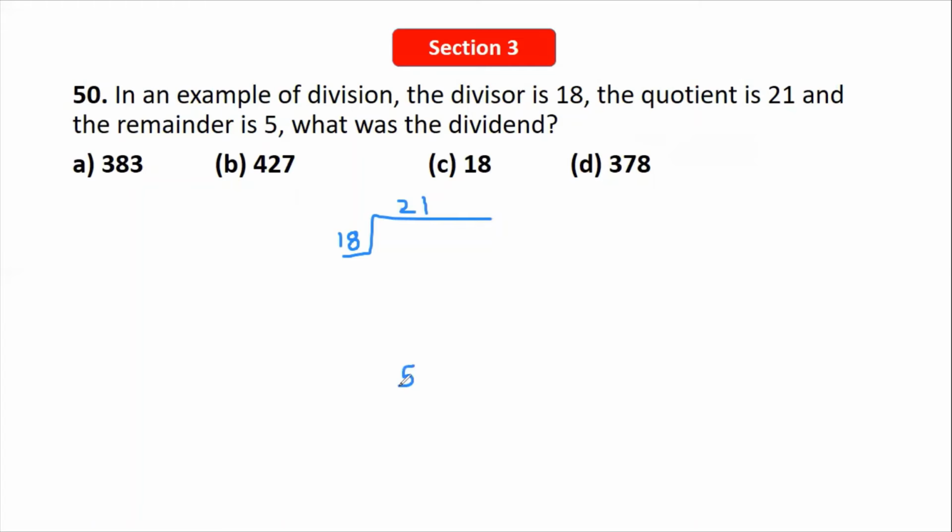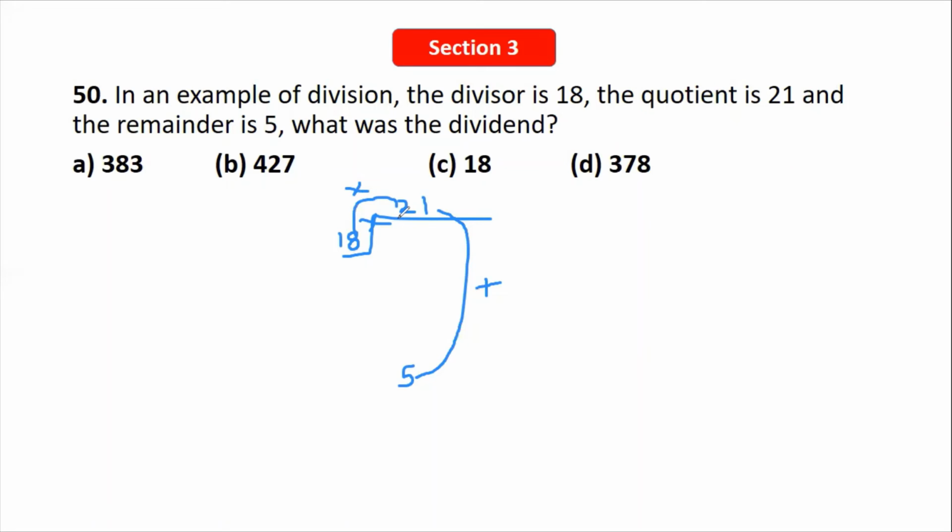So the formula to get the dividend from the divisor, quotient, and remainder is by multiplying the divisor and quotient, and after you get the product, you add the remainder. So we should do 18 multiplied by 21.